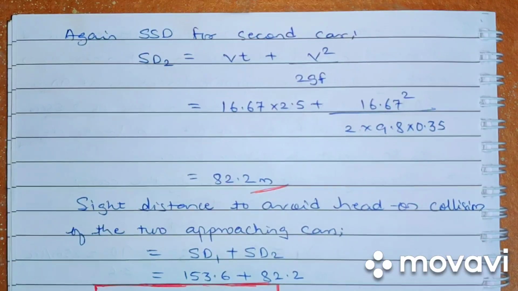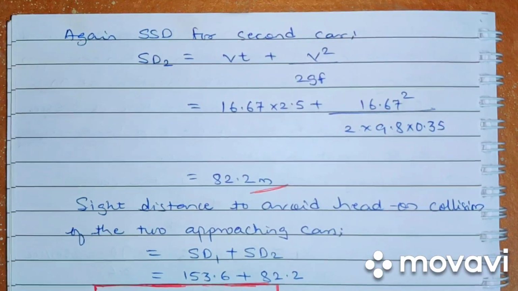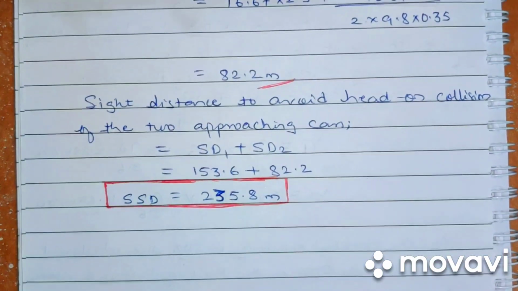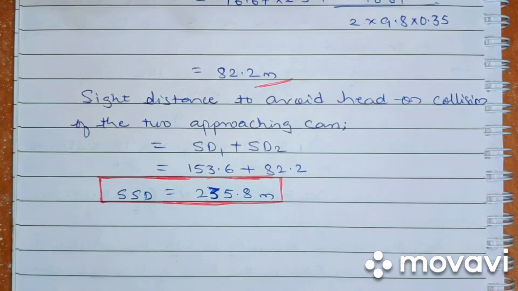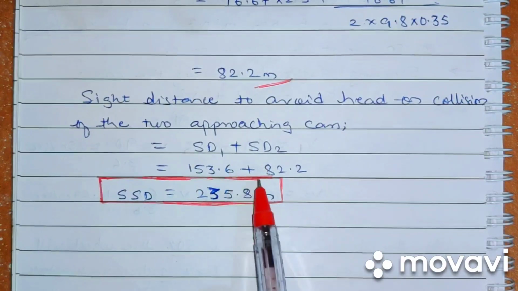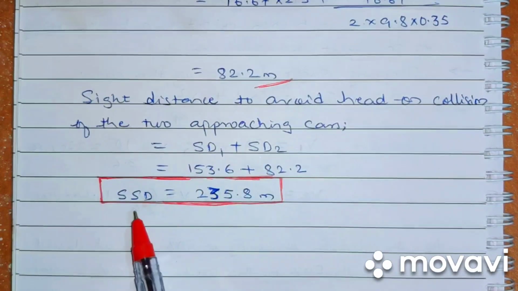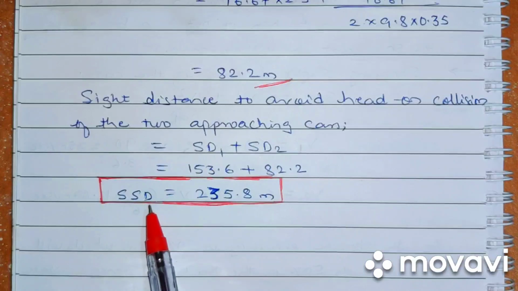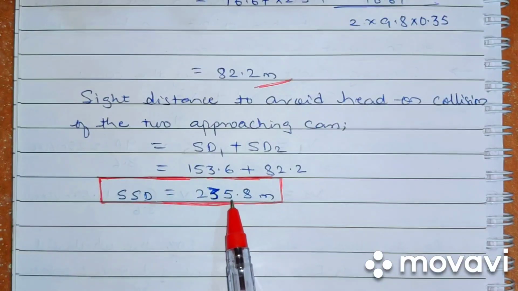Now, to get the sight distance to avoid the head-on collision of the two cars approaching each other from opposite directions, the total stopping sight distance which will avoid the collision will be the stopping sight distance for car 1 plus that for car 2, that is 153.6 plus 82.2, which equals 235.8 meters.